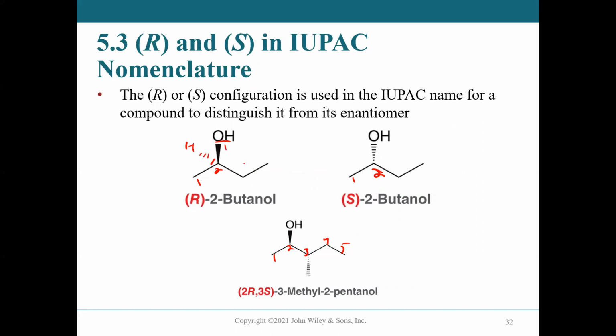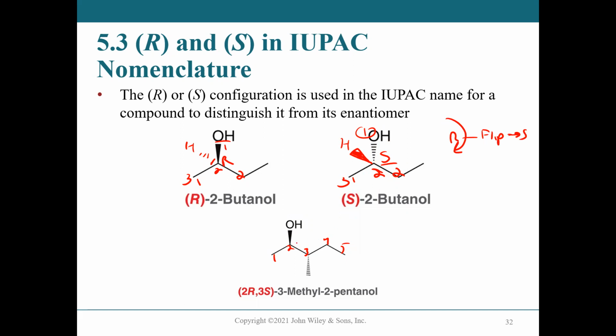This is oxygen. So you have 1, 2, 3. That's how you get R. Remember, we're not showing the hydrogen sticking out, but it is sticking out, isn't it? If this is sticking back, you have to have the hydrogen sticking out. So 1, 2, 3. This is going to be your S, because it goes R, but we're going to flip it to S because that hydrogen's sticking out.